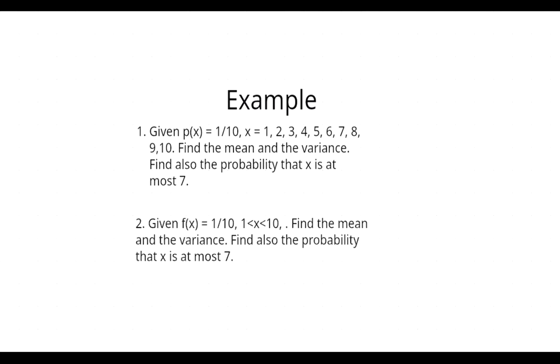Yes, I can use f of x for the discrete version, but I can also use p of x, so it can be interchanged. But conventionally, we use f of x for the continuous version. But the primary thing that tells you that this is continuous is the fact that x takes values in an interval.